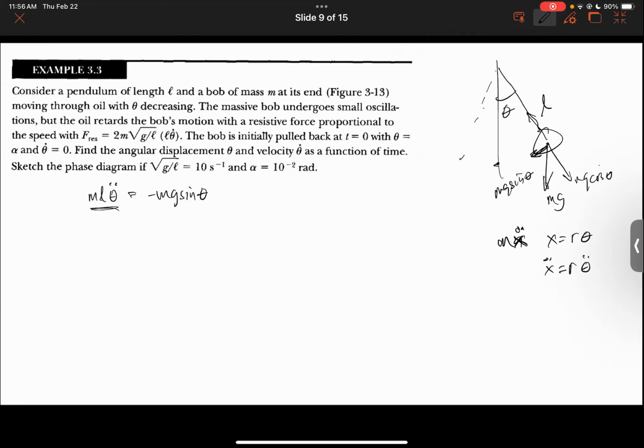Then we add the resistive force. Okay? So the resistive force is equal to minus 2m square root ng g over L times L theta dot.